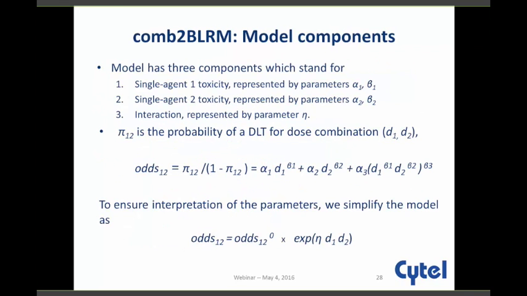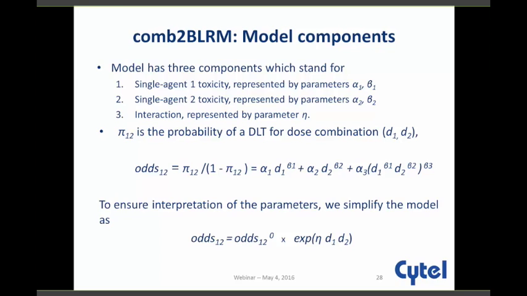So going into the first method, the combination of the BLRM, this essentially extends the single agent method that we just saw on the previous slides. So we are considering a bivariate logistic model for single agent 1, parameterized by alpha 1 and beta 1. Similar type of dose toxicity relationship for single agent 2, and we also have an interaction represented by a parameter eta.